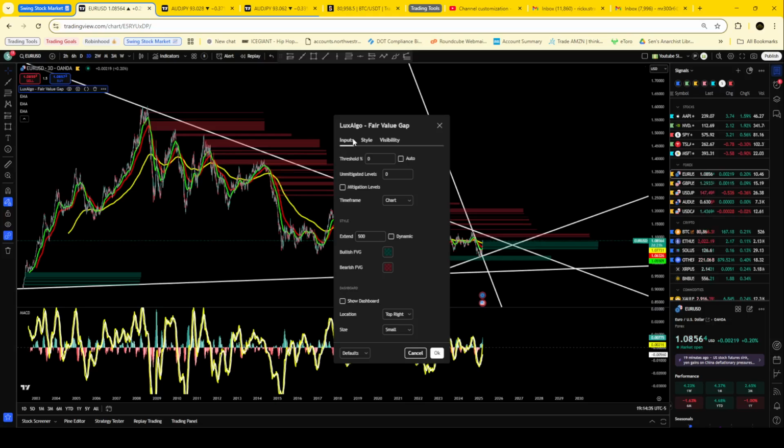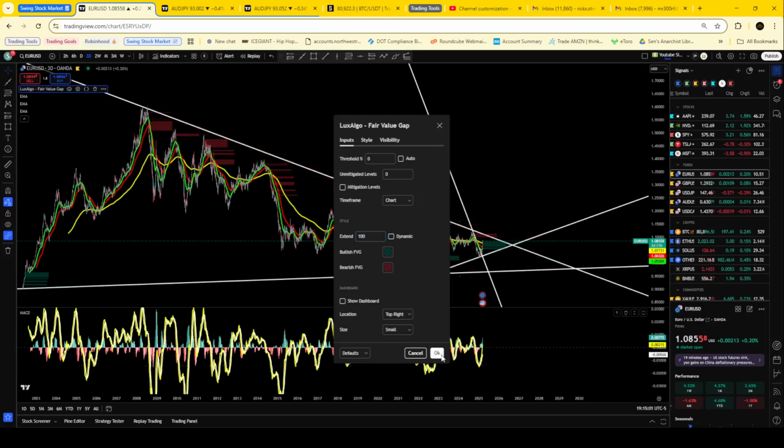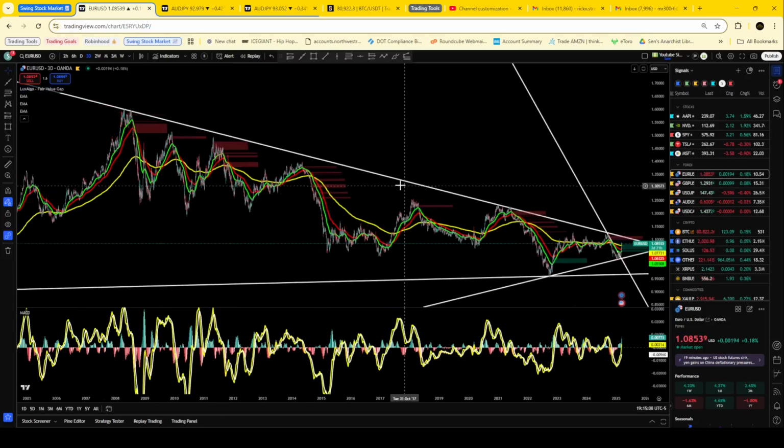For the fair value gaps, I didn't change much except for the style. The reason why I chose 500, I believe this is the highest you can go, just because of the time frame that I am trading. Now, if I were to go down to like a 100, you see how it changed?